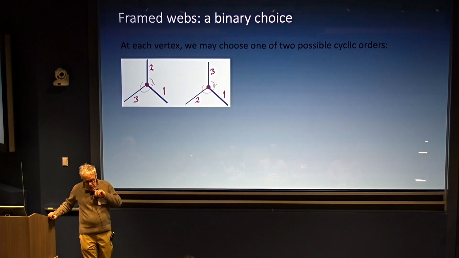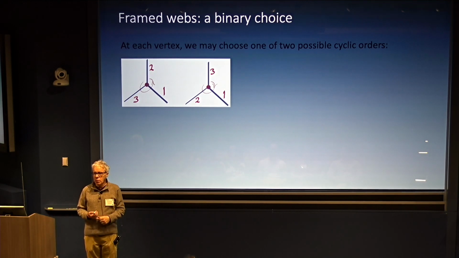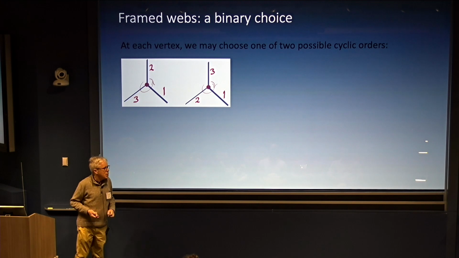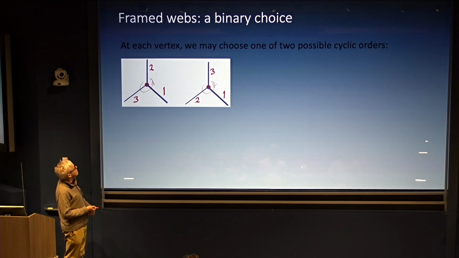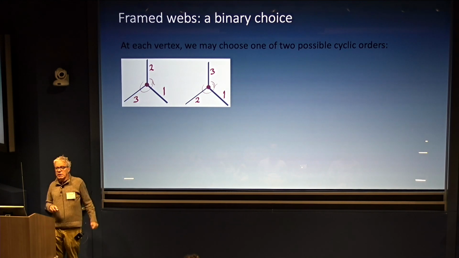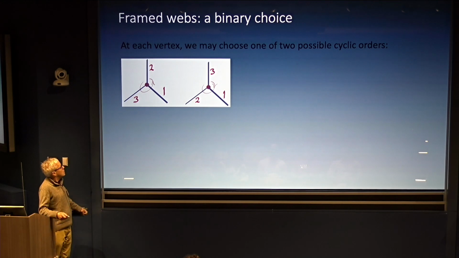When we think about links in 3-manifolds, we often want to think about framed links. I just want to briefly talk about framings for these webs. There's just a bit of binary data we want to include.